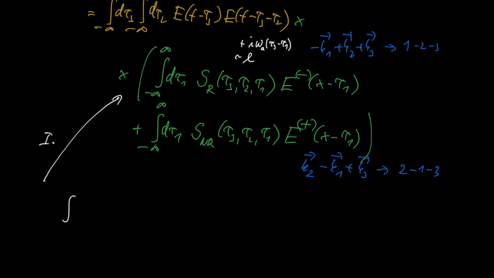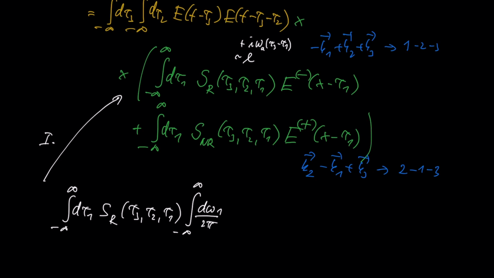We'll just take this part, which we can denote by Roman 1, and we can write it now as an integral over d tau 1 of the rephasing response S_R(tau 3, tau 2, tau 1), and here we write the E minus using the Fourier transform, e to the power of minus i omega 1 (x minus tau 1) E(omega 1).